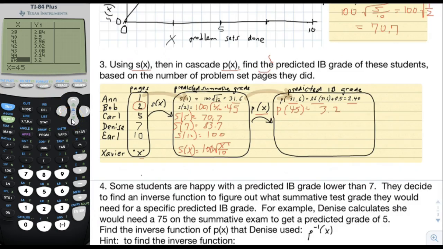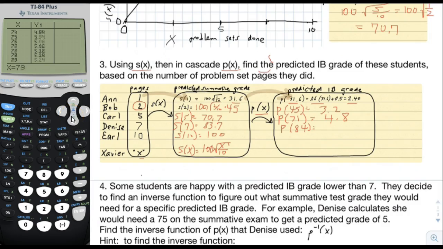What about 70.7? So p of 71. Let's go down to 71. What IB grade would that give us? 71 would give us a 4.76. Say a 4.8. What about a summative grade of 84?